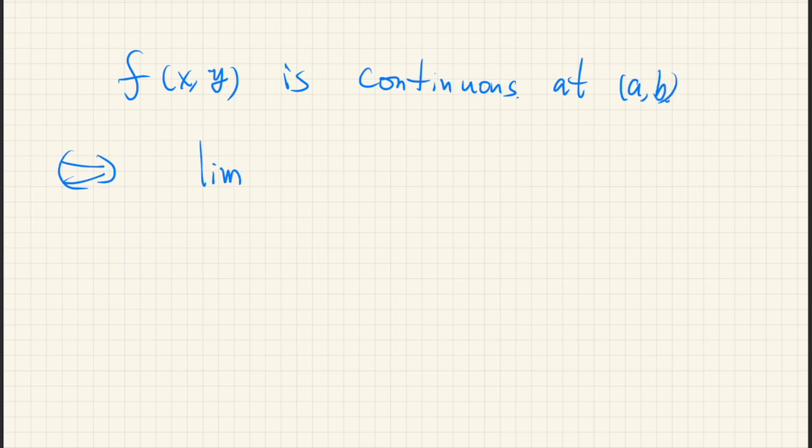This means when x y approaches a, b, f of x y converges to f of a, b. Okay? So if the limit is the value of the function at that point, then we say the function is continuous at that point.